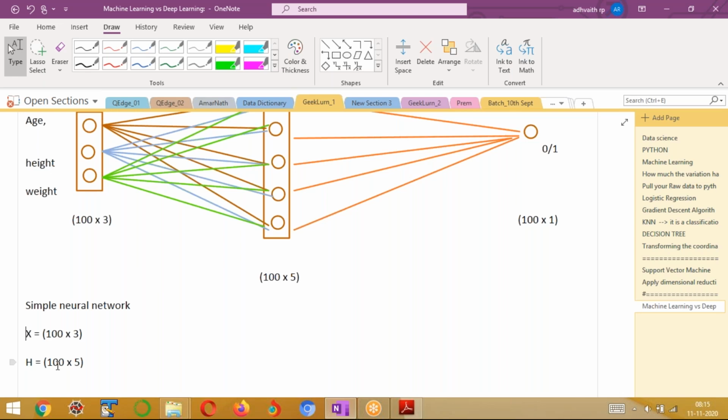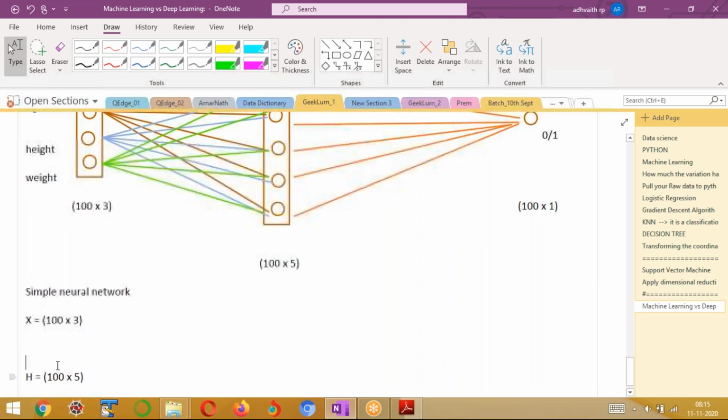This is 100 by 3 and this is 100 by 5. So here you have to apply a mathematical matrix calculation method, the way you created coefficients.